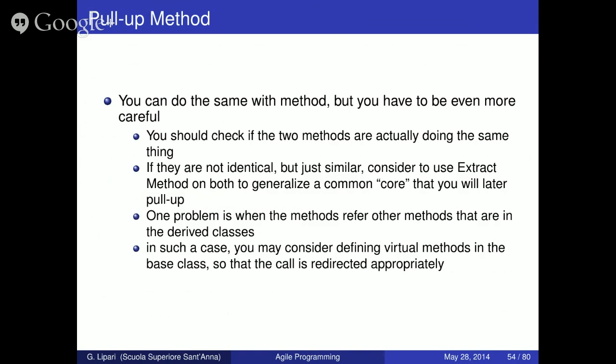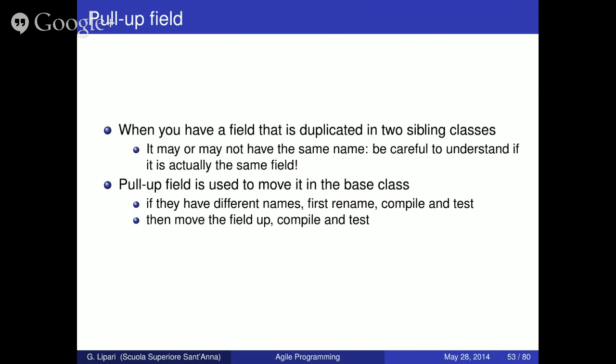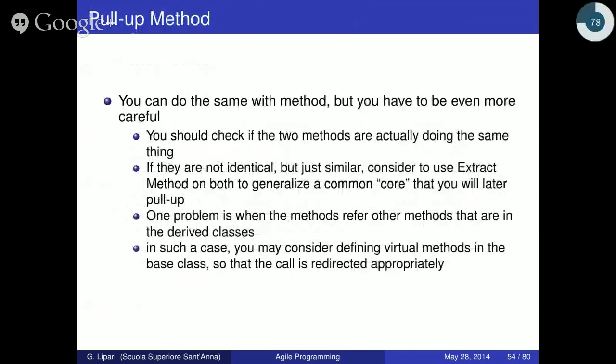In such a case, maybe you need to define virtual methods in the base class so that you can redirect the calls appropriately. So the idea is that you have two fields or two methods which have the same name or similar names and do similar things in your classes. So you first generalize a common core so they are exactly the same. And once they are the same, you pull it up in the base class.